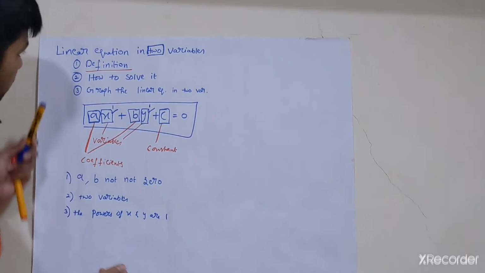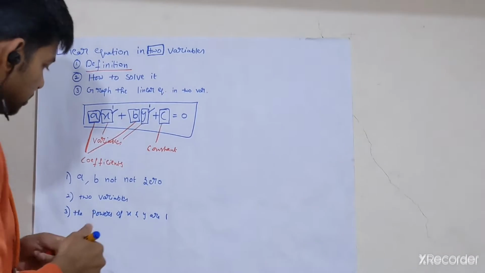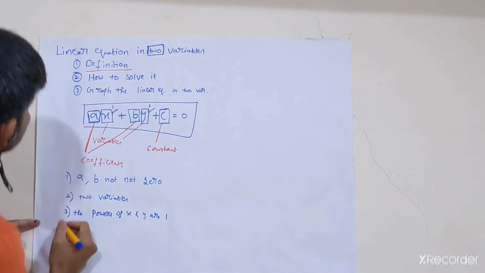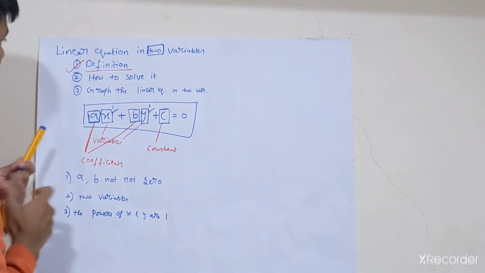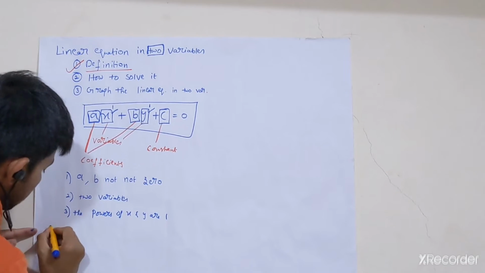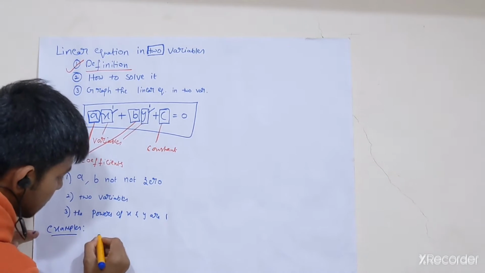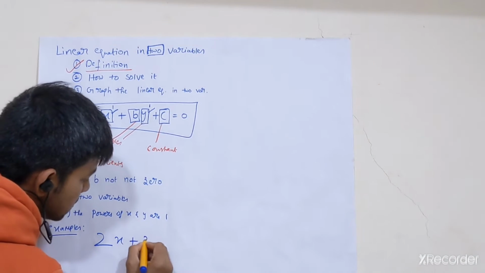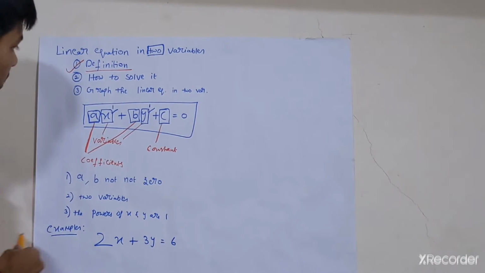So we will learn more about the definition by solving the linear equation in two variables. Now we will see how to solve it. For example, 2x plus 3y is equal to 6. First we need to compare with the definition.